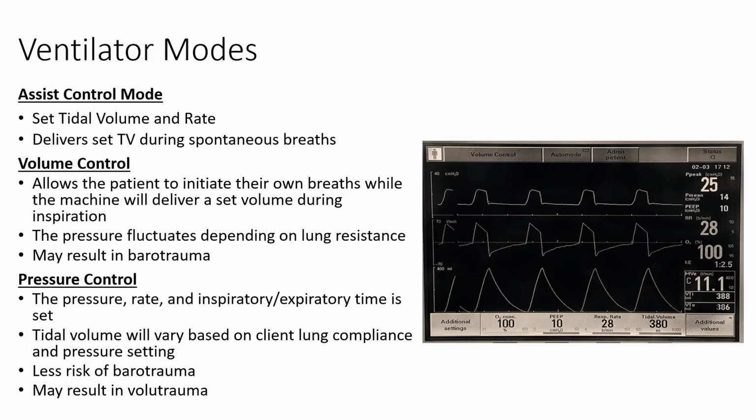And one of the downfalls of pressure control is we cannot control the patient's tidal volumes. They may be taking too little tidal volume in, and that's when they're not going to oxygenate, or their tidal volumes can be too high, and that's where the barotrauma comes in.